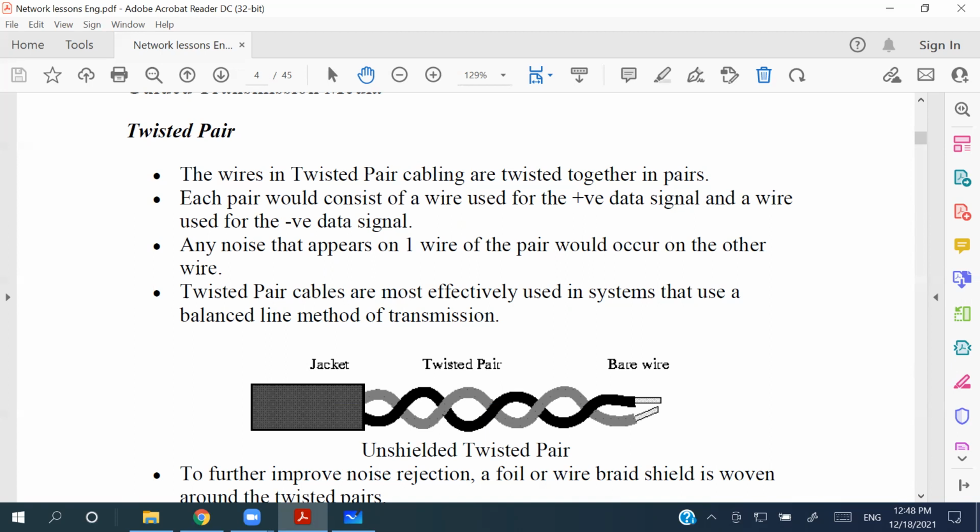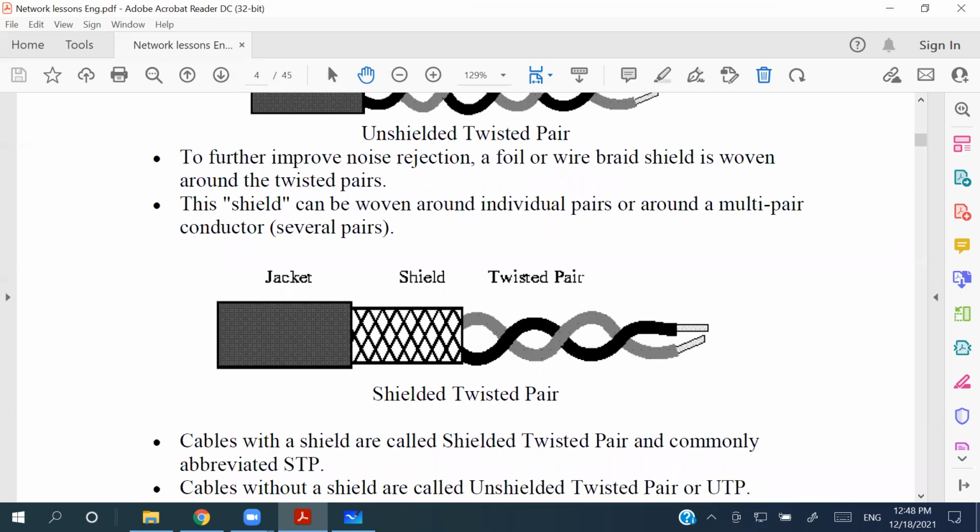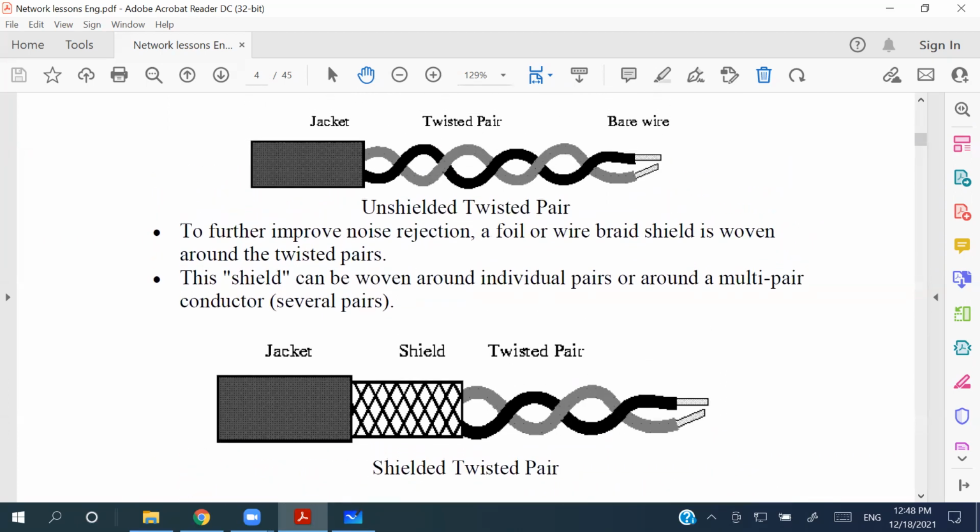These twisted pair wires have 2 types. One is called unshielded twisted pair, which we call UTP, and the other is called shielded twisted pair, which is called STP. You can see the difference between the unshielded and the shielded one. The unshielded one has just the pairs and the jacket. Jacket means the rubber coat at the outside which covers the wires, what we generally see when we see a network cable.